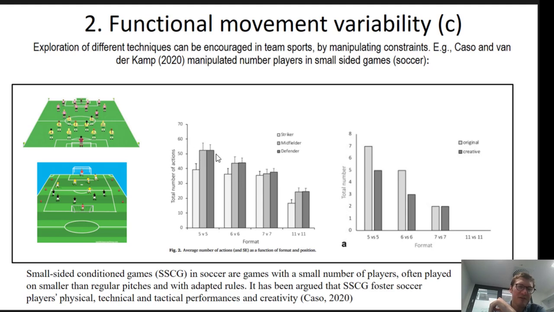Okay, 5 versus 5, we have the most, and then steadily as we increase the number of players and reduce the playing density, we get a fewer number of touches on the ball. And they also showed that the number of original and creative actions is also higher in the 5 versus 5 format and practically non-existent in the 11 versus 11 format.